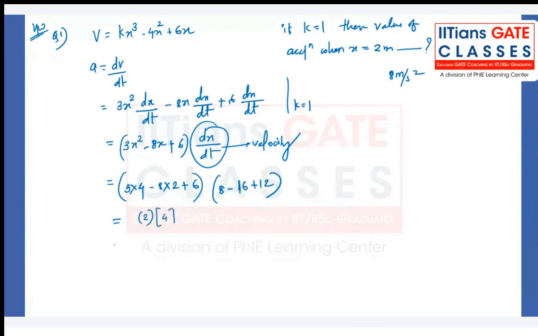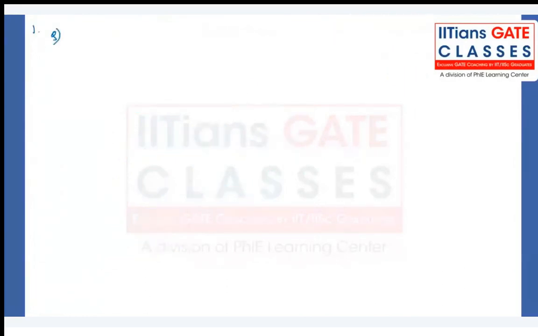That gives 8 meters per second squared. This is the acceleration. Clear, everyone? Any doubt in this question? If no doubt, then I'll move to the next homework question.